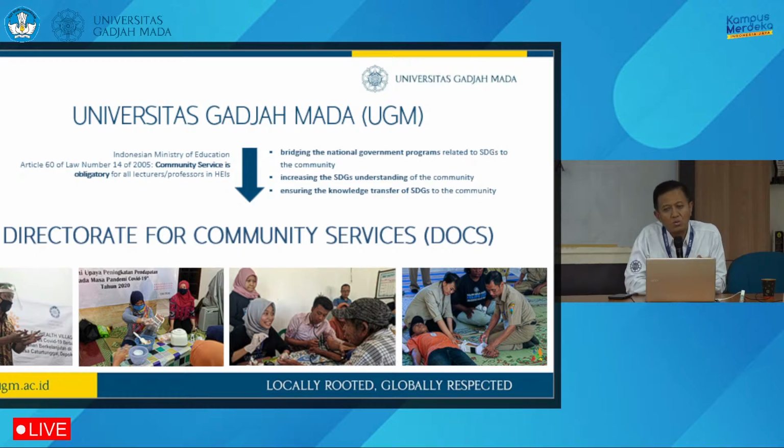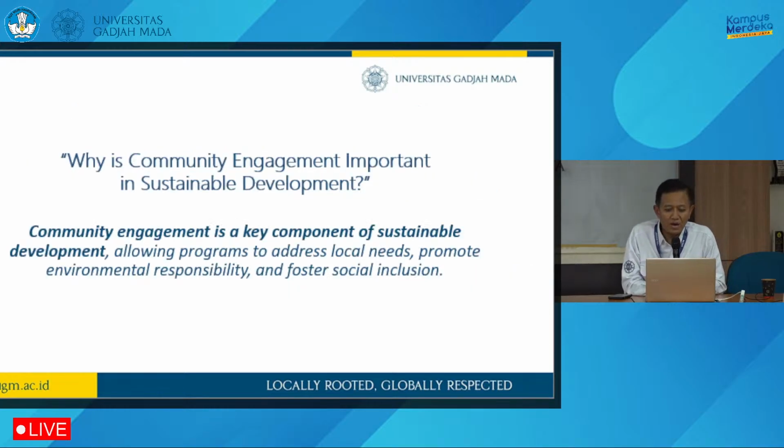So we may wonder how the community can be engaged, and community services are important for the sustainable development goals. When we talk about activities inside the campus, it is possibly not so difficult when talking about the SDGs. We are working with the same level of people, the same level of students.